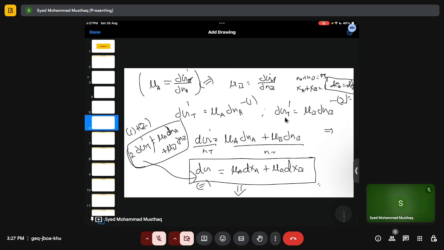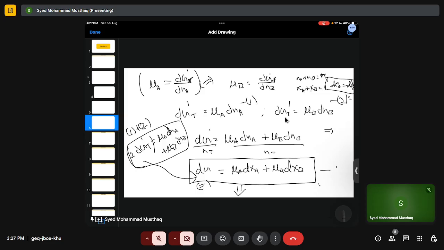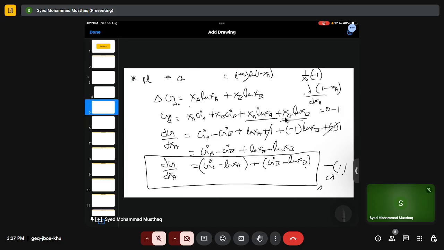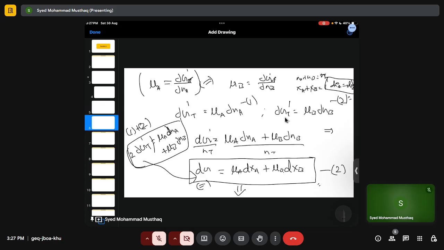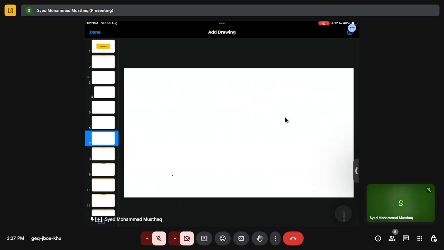Now, if you compare equation 1 to equation 2, what do you see? For example, if I differentiate this again, I have dG equals mu A dXA plus mu B dXB.